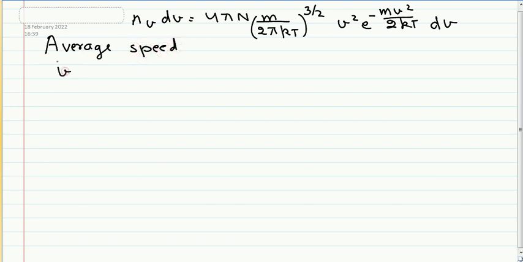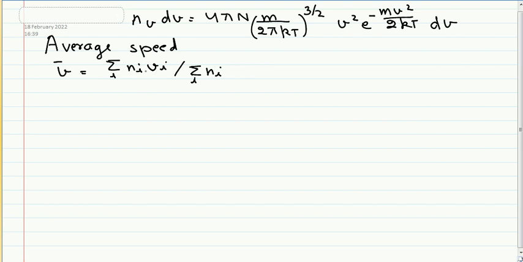And we know that for the average speed we can write the formula as summation over i of n_i v_i divided by summation over i of n_i. It means the speed of all the molecules divided by the number of molecules.